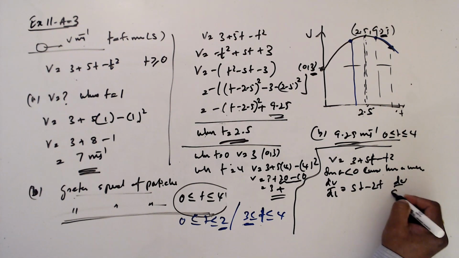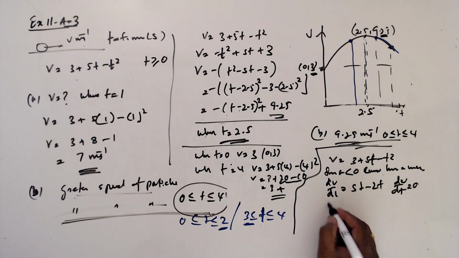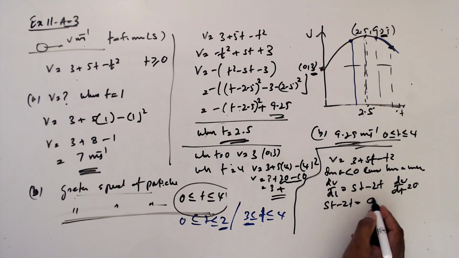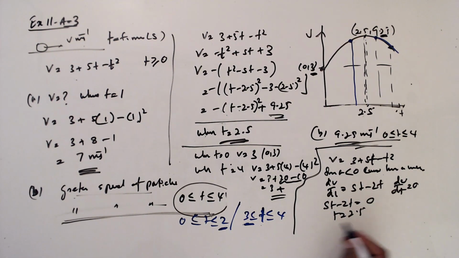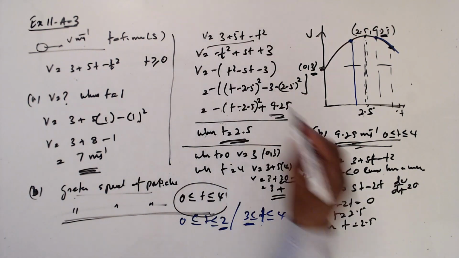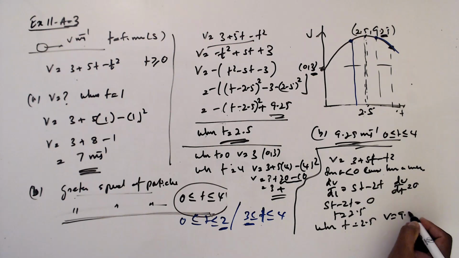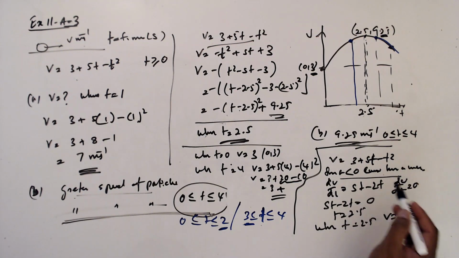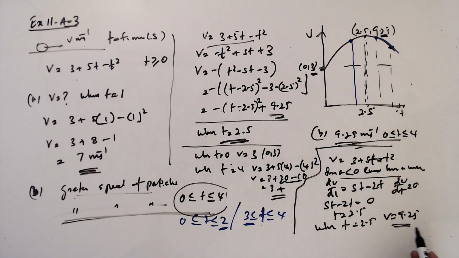Setting dv over dt equal to 0, 5 minus 2t equals 0, t equals 2.5. When t equals 2.5, substitute and we get v equal 9.25. We already claimed this is a maximum by looking at the sign, and we know that 2.5 lies in the given interval.